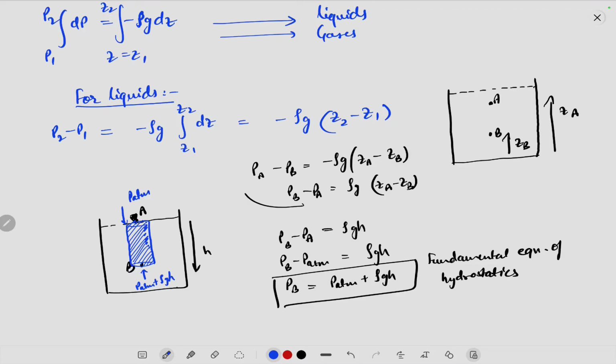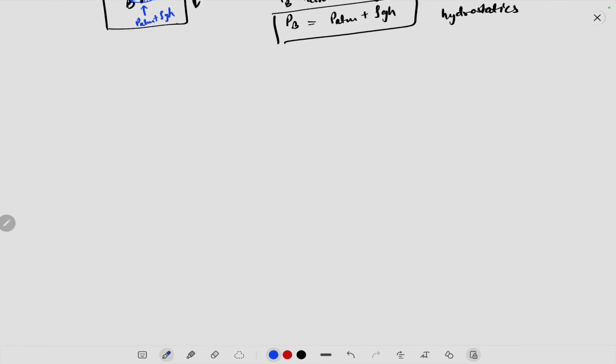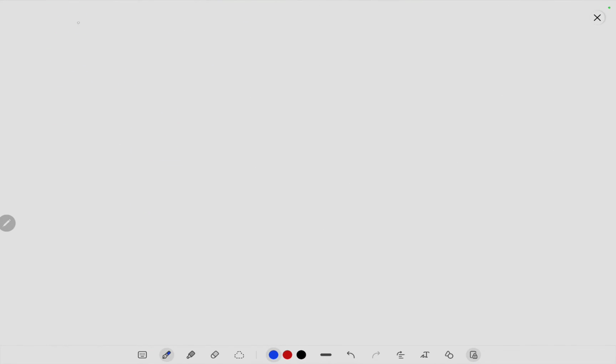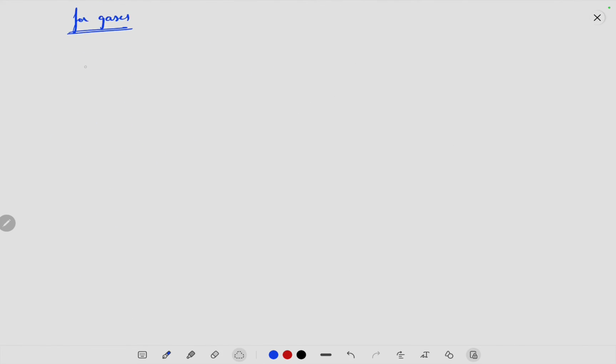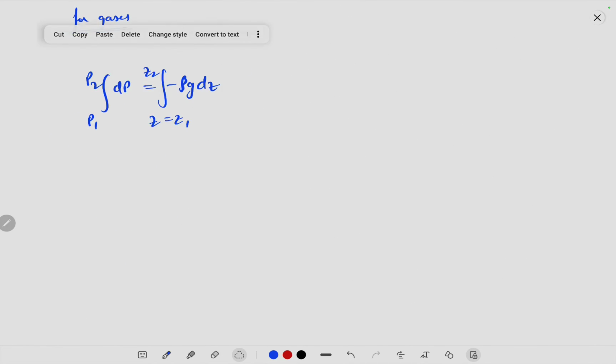Okay, let's do similar analysis for gases. So first let's take this expression. It's better not to write integrals currently, because rho would be a function of pressure in case of the gases.